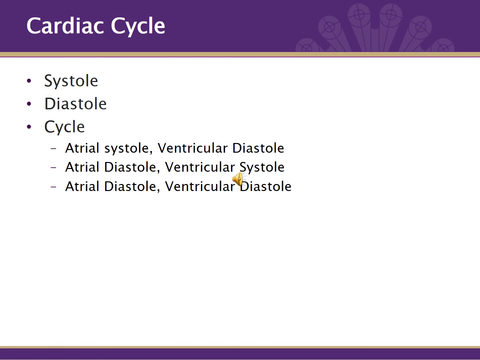Number 1, atrial systole, ventricular diastole. 2, atrial diastole, ventricular systole. And 3, atrial diastole and ventricular diastole. The one thing we will not see is atrial systole with ventricular systole. That would mean both are contracting simultaneously.